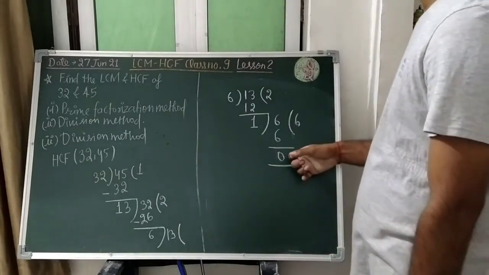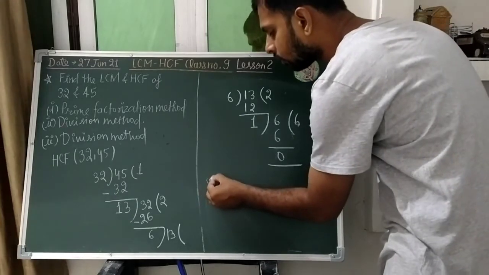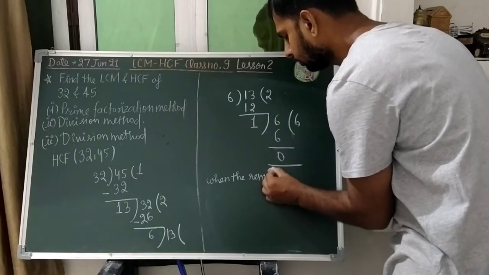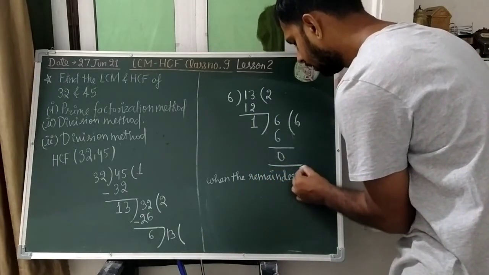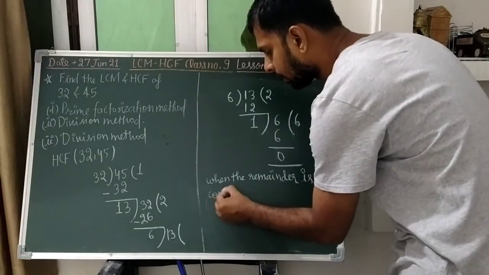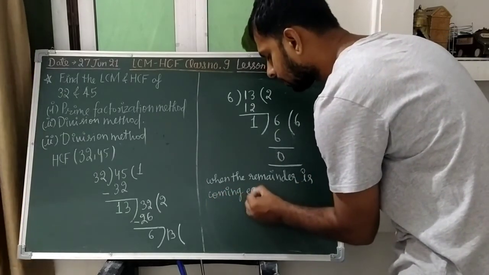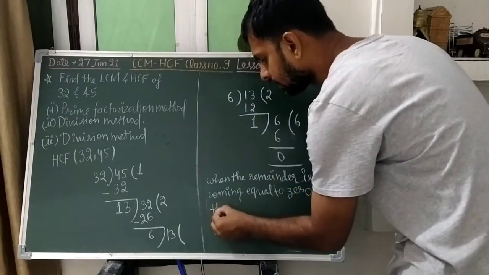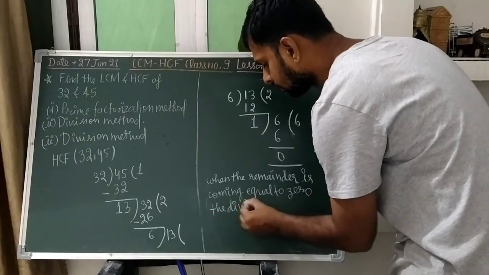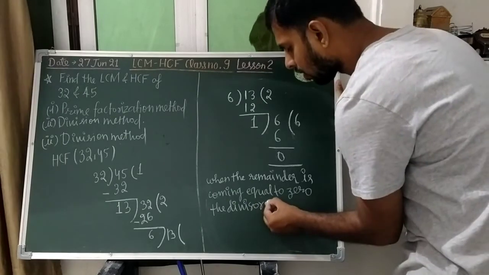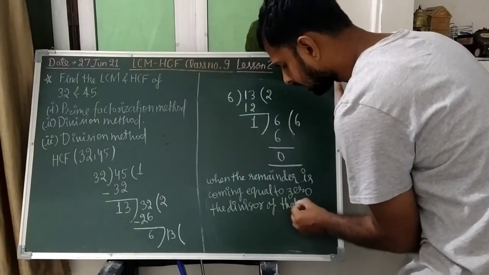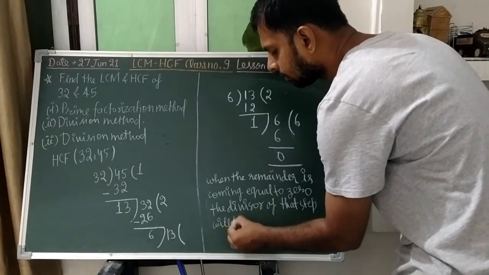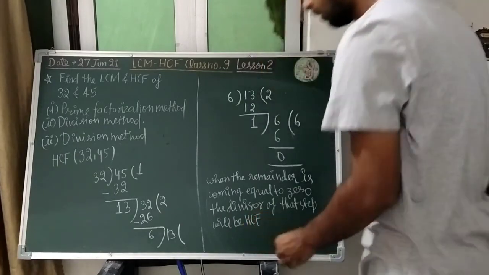When the remainder comes equal to 0, the divisor of that step will be the SCF.